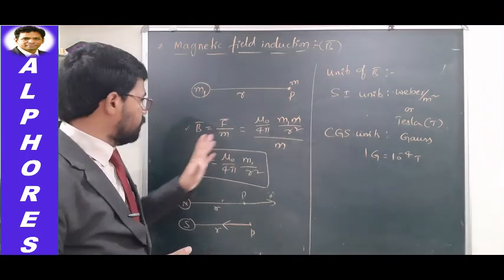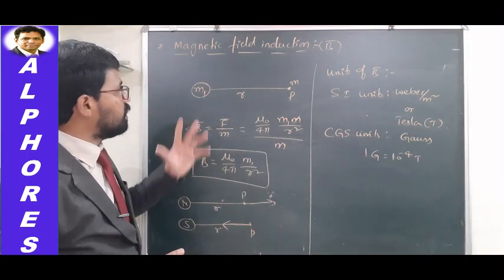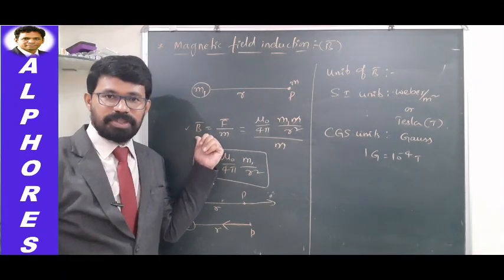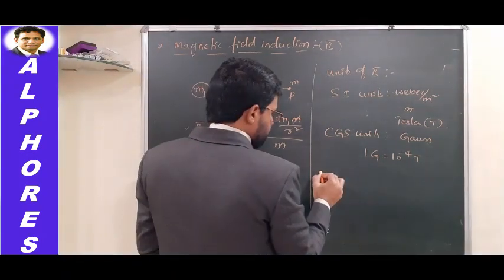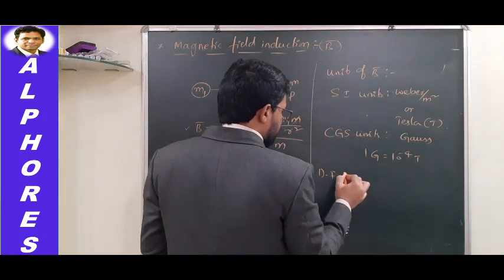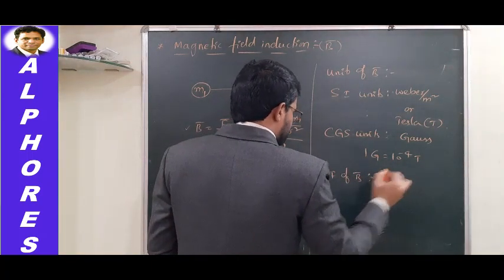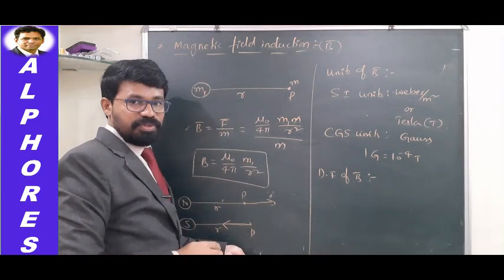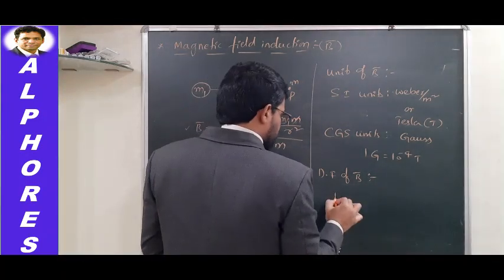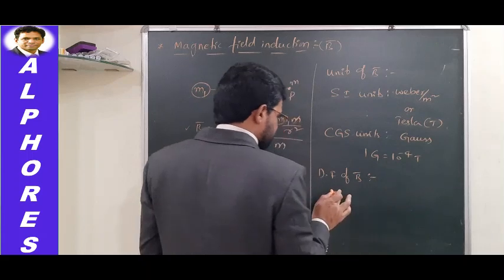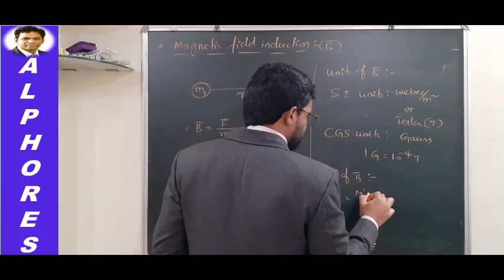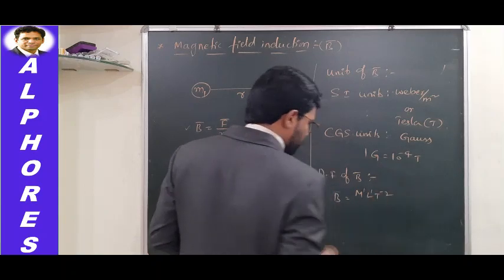These are a few details connected with magnetic field induction. With the help of this equation, you can write the dimensional formula. Let us try that. Dimensional formula of B bar: B bar is force per unit pole strength. The dimensional formula of force is M power 1, L power 1, T power minus 2.